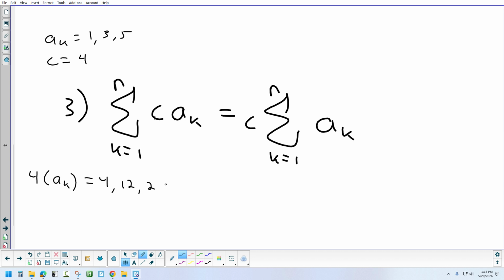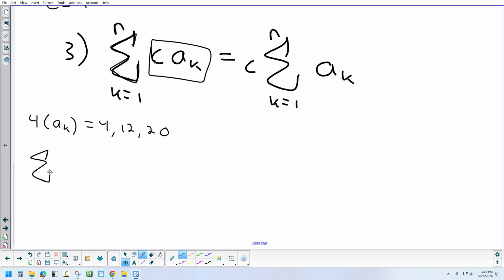Yeah, that's 4 times my sequence. 4, 12, 20. That's this part. Now, sigma means add up the numbers that you just said. 4 plus 12 plus 20. And what do we get if we add 4, 12, and 20 together? Yep, 36.